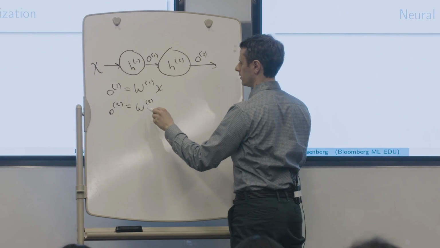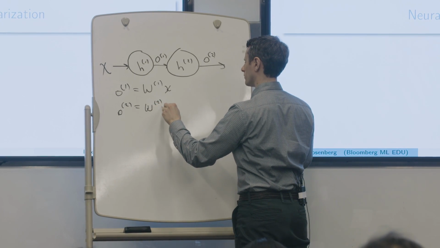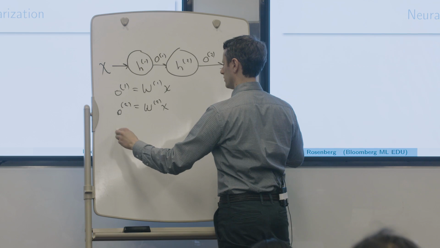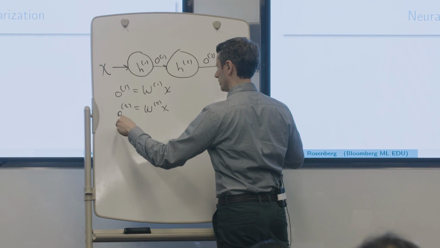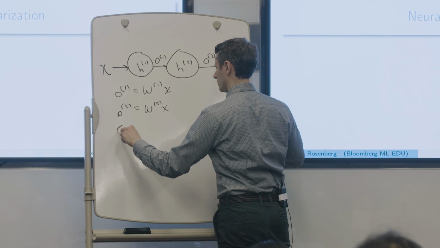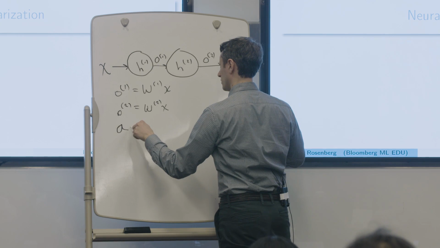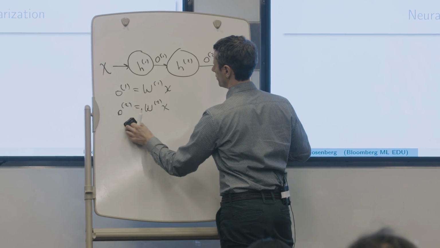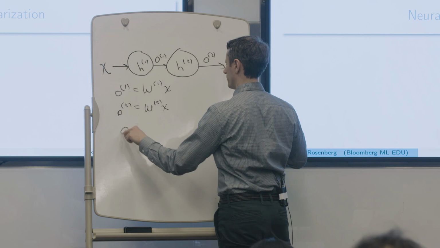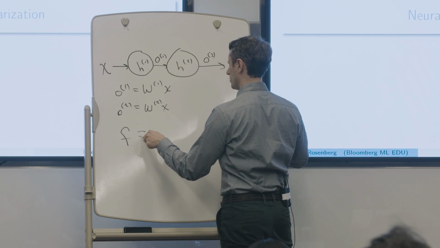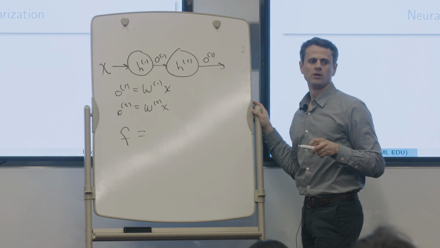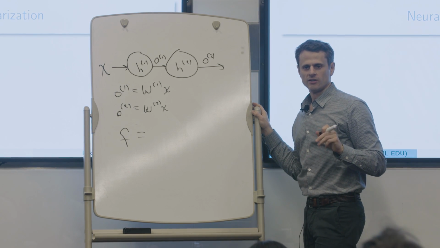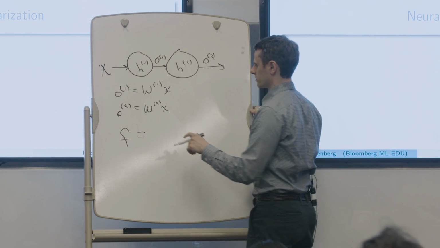And then let's just say the final output. Well, that's enough, really. It's linear already. All right, so if our output f is equal to O2, what has the neural network done for us?